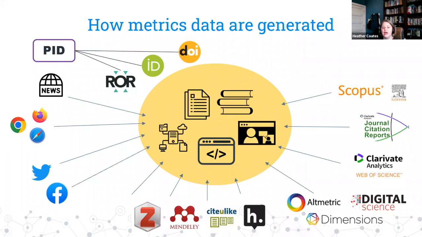And then finally, we have the metrics aggregators on the bottom right that include companies like Digital Science, Clarivate Analytics, and Elsevier. They harvest the digital traces of the activities, of the interactions we have with the scholarly products, and they use those to calculate the metrics.